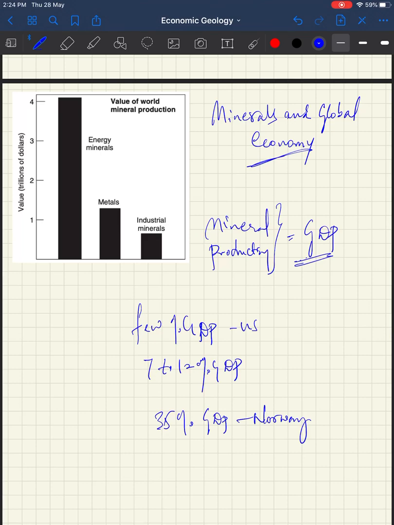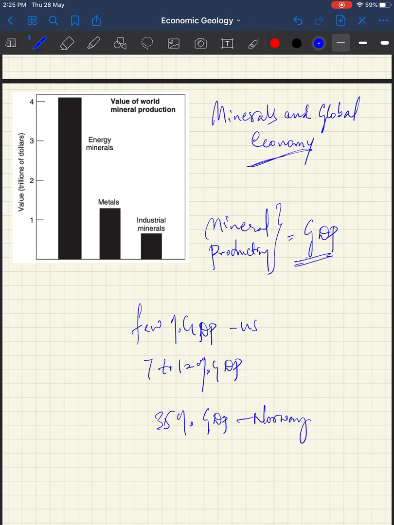For instance, the United States, whose raw mineral production makes up only a few percent of its GDP, as I said earlier, is the leading world producer of many mineral commodities with a total value of more than 520 billion. And according to the US Geological Survey, the value added to the US economy by major industries that consume these minerals is about $2.44 trillion.